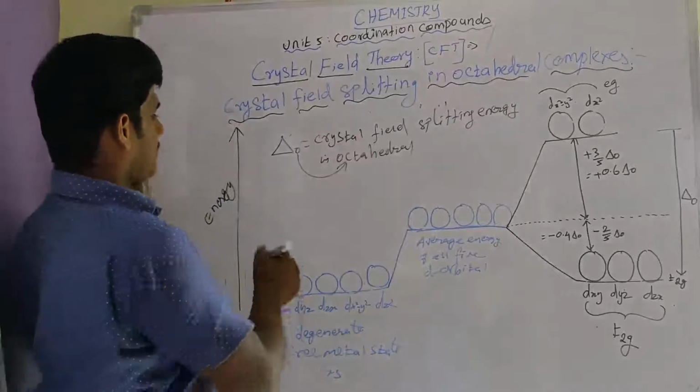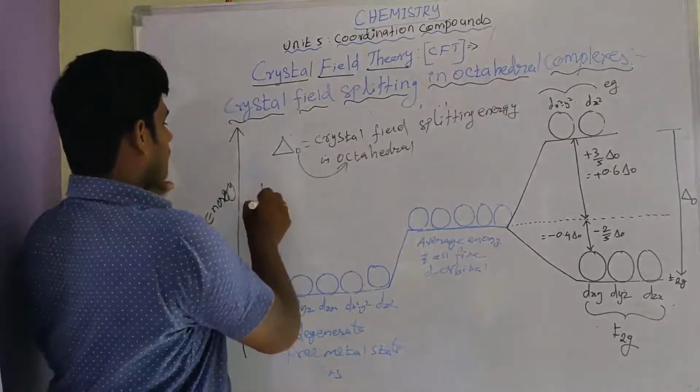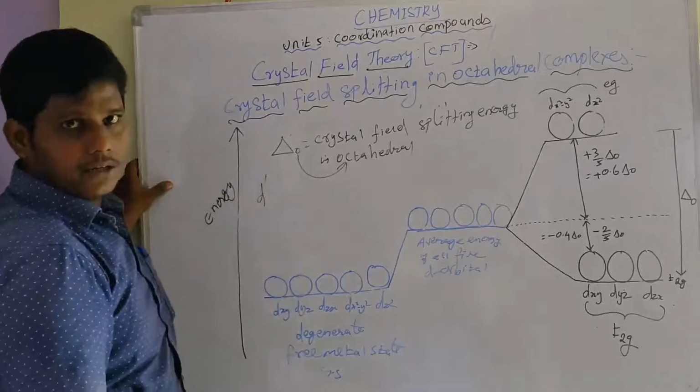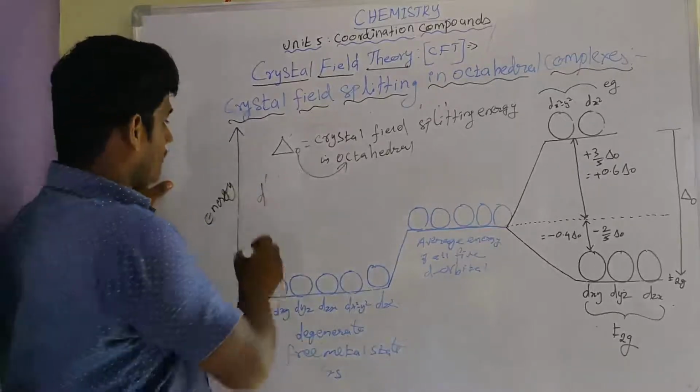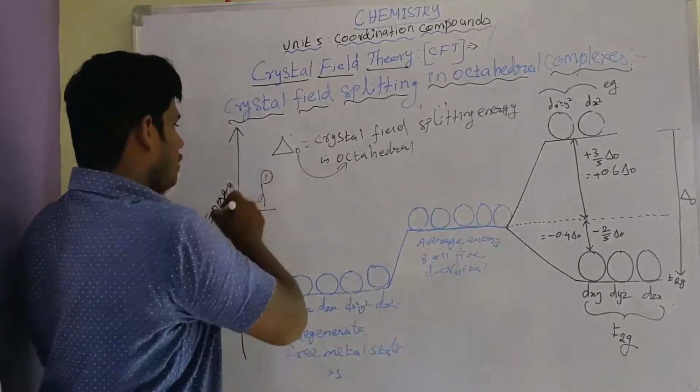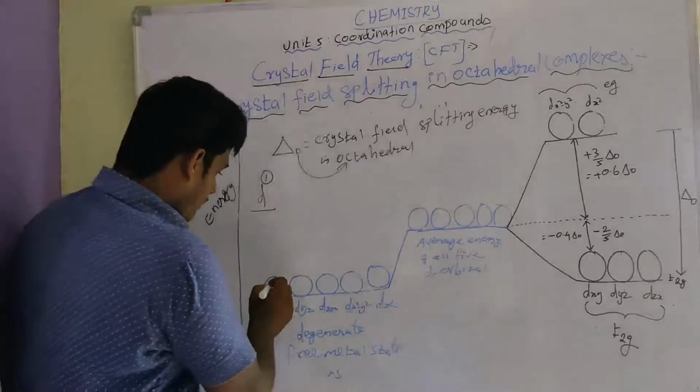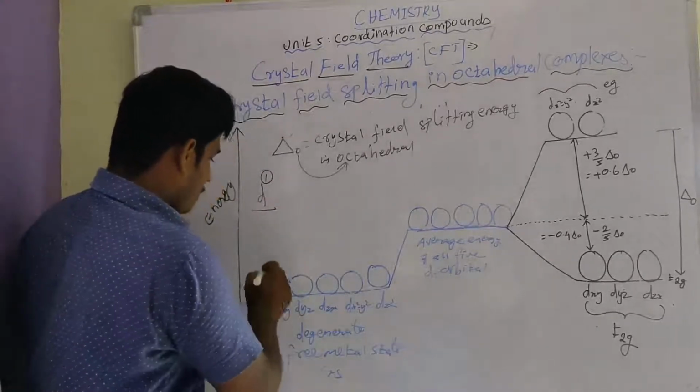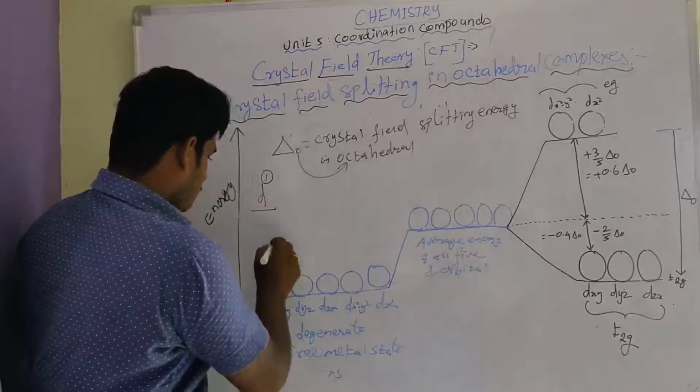Take a d1 example. When the d orbital contains only one electron, we put one electron in the ground state, so it is called the d1 state.